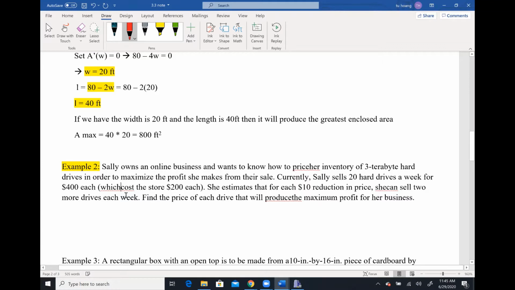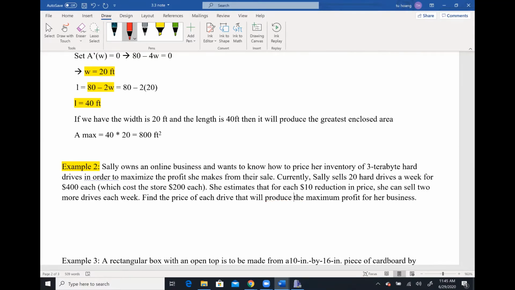So they cost the store $200 each. She estimates that for each $10 reduction in price, she can sell 2 more drives each week. So we're gonna find the price of each drive that will produce the maximum profit for her business.